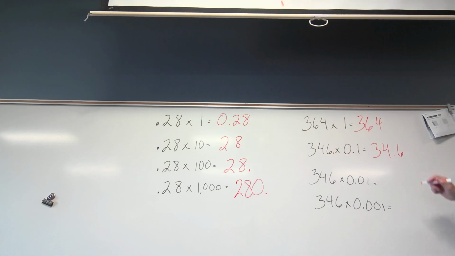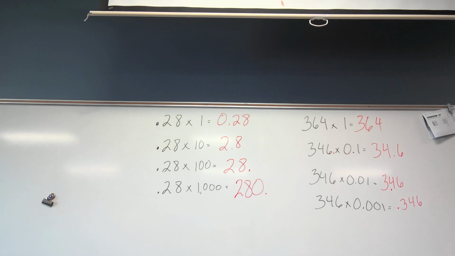We move it to the left twice, and we get 3 46/100. We move it to the left 3 times. We get 346 thousandths.